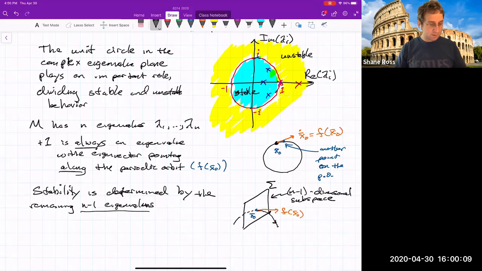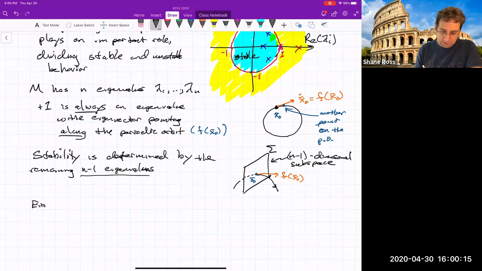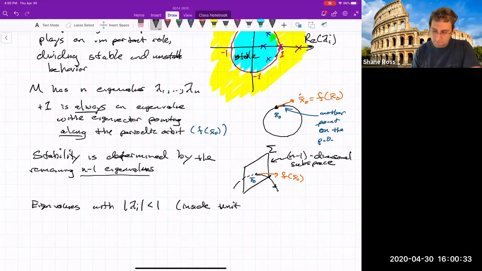All right. And I can summarize that in terms of eigenvalues. We're talking about the modulus, because these could be complex numbers. If the modulus is less than 1, that means inside the unit circle, and that corresponds to stability.